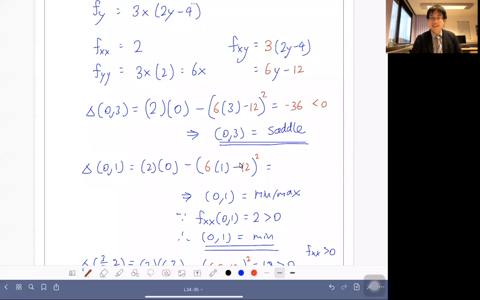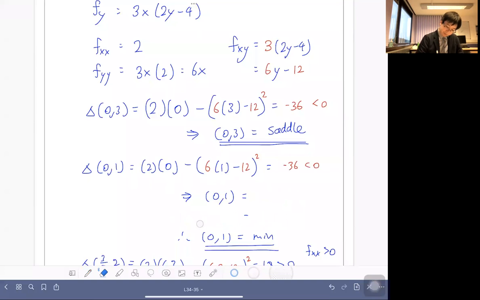I guarantee that these two are less than 0 because it's 0 minus something squared. As long as I don't have any imaginary numbers, I'm fine. But let's just do this for sure. So 6 minus 12 is minus 6, squared is 36, so minus 36, of course. So both of them are saddle points.